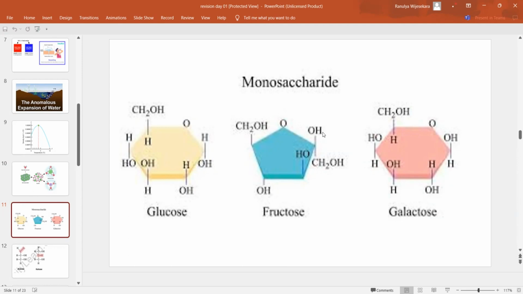Then H:O ratio is 2:1 as in water. Next point. General formula is CxH2Oy. Then there are three major groups: monosaccharides, disaccharides, and polysaccharides. Carbohydrates include sugars and polysaccharides. Sugars, here now both monosaccharides and disaccharides are sugars.